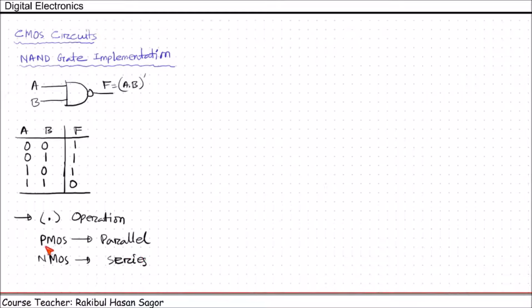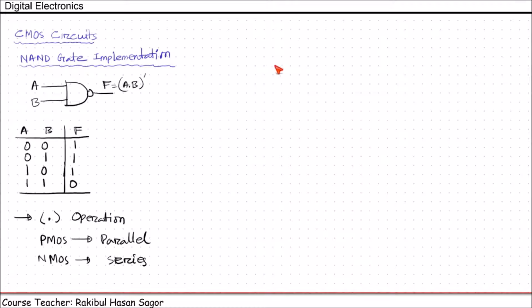We know that PMOS will be used in the PUN, that means the pull-up network, and NMOS will be used in the PDN, that means the pull-down network. So let us design this NAND gate for two inputs, A and B.